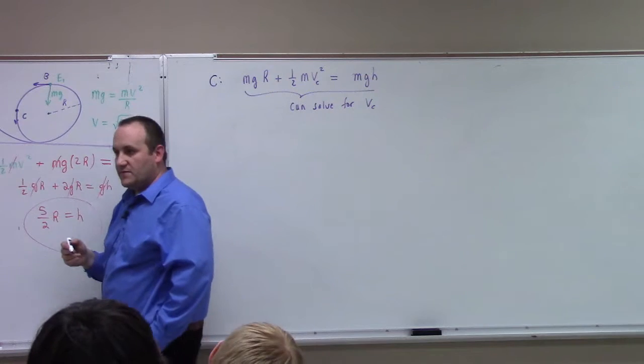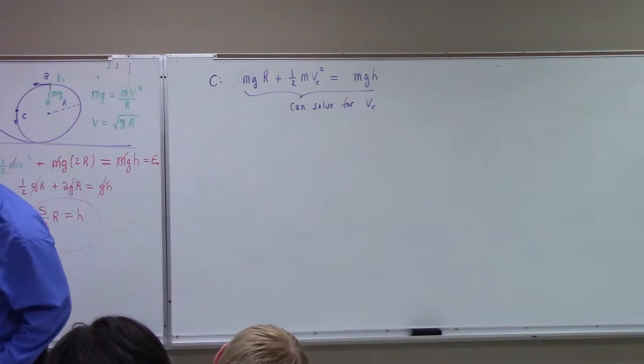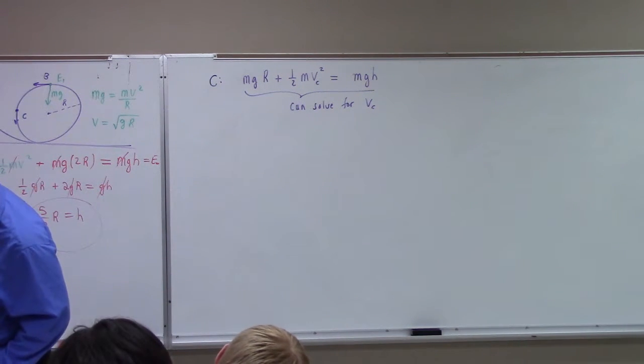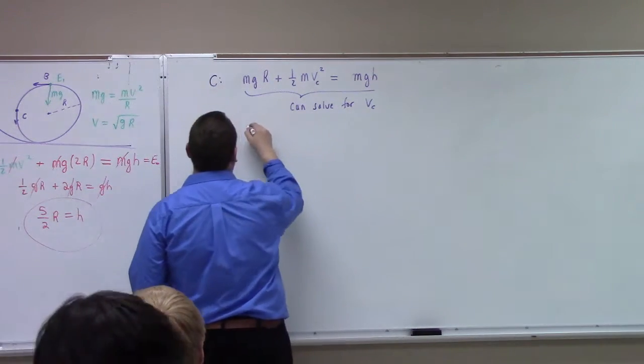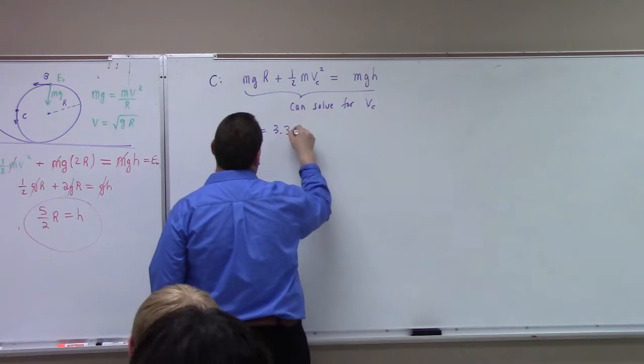They give you numbers in the problem for various things, right? Like in mine, I have h equal to 3.30 r.